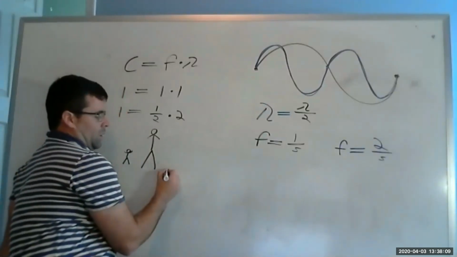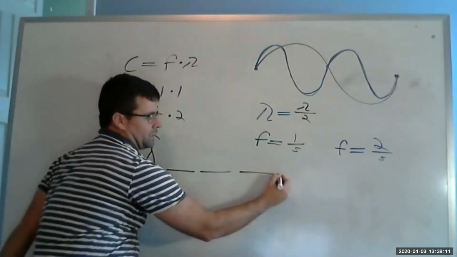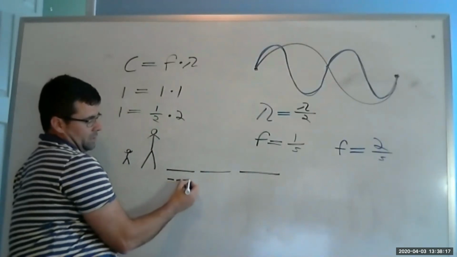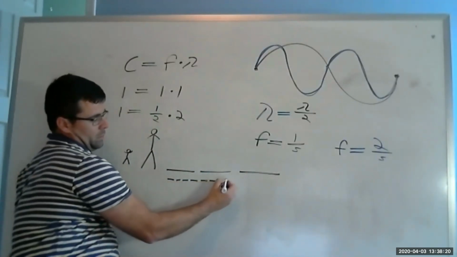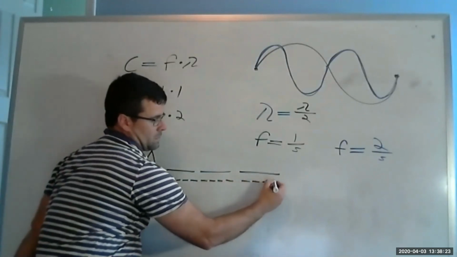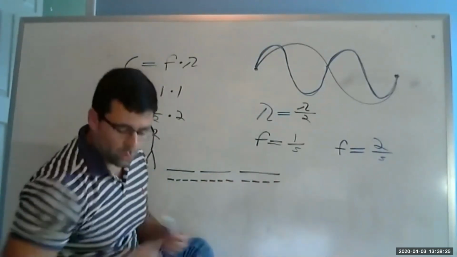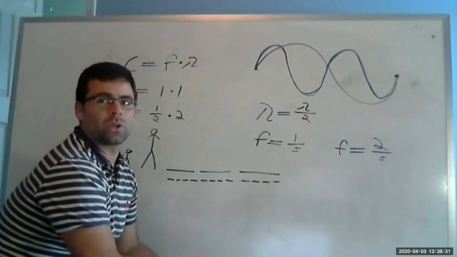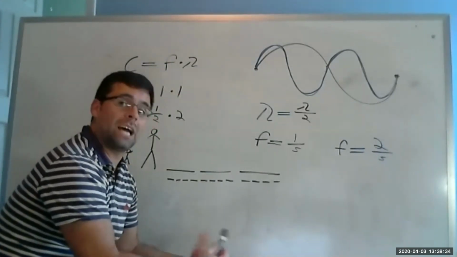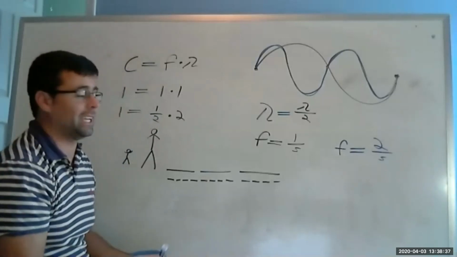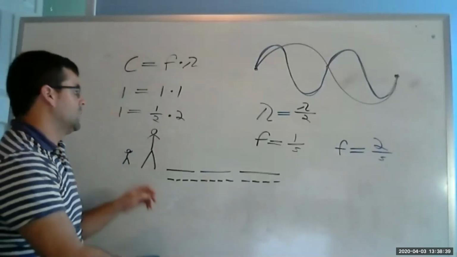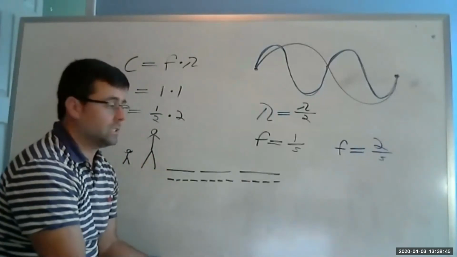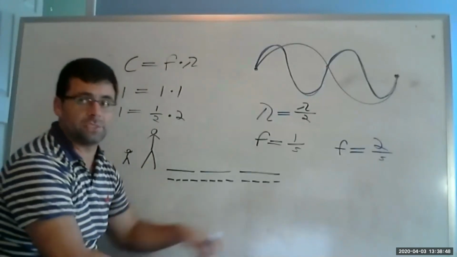So this guy walks 3 steps, and then the little guy walks, I don't know, 4 steps per big step. So in order to go the same distance in the same amount of time, which is the same thing as to say they have the same speed, if he takes 3 steps in 3 seconds, this person needs to take 12 steps in 3 seconds.